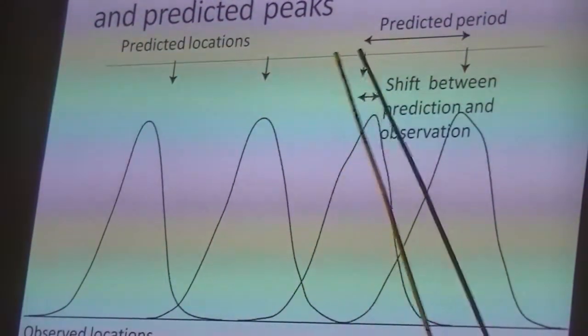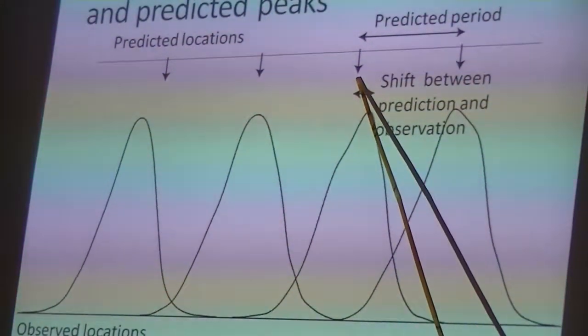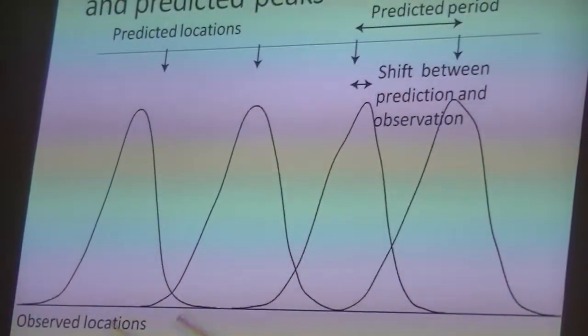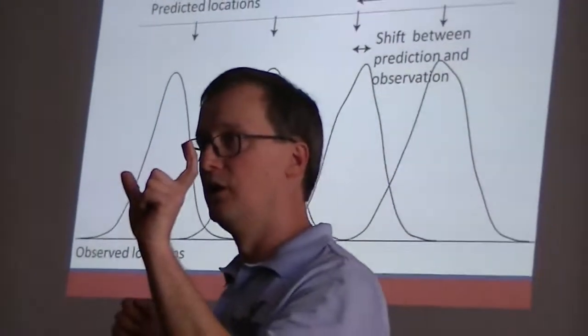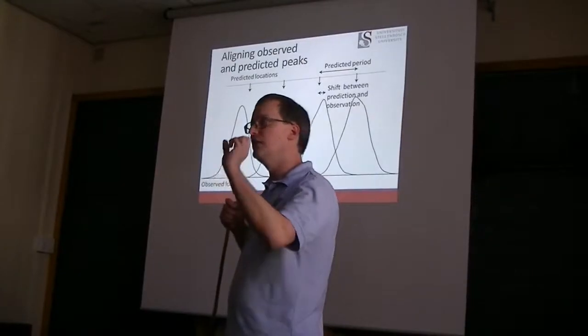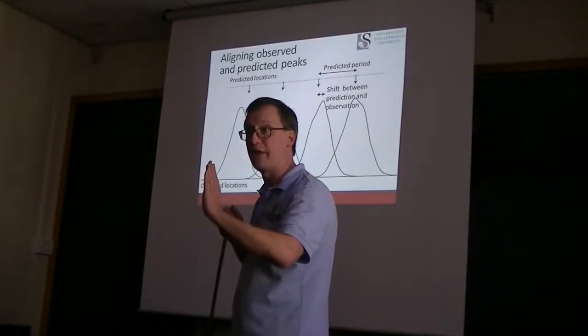At each position, we can then ask, what is the shift between the position where we expected to have a big peak and where we actually observed a big peak? If those are very far away from each other, we are less happy with the signal there. If that peak appears right where we expected it, well, we feel a whole lot better about that.